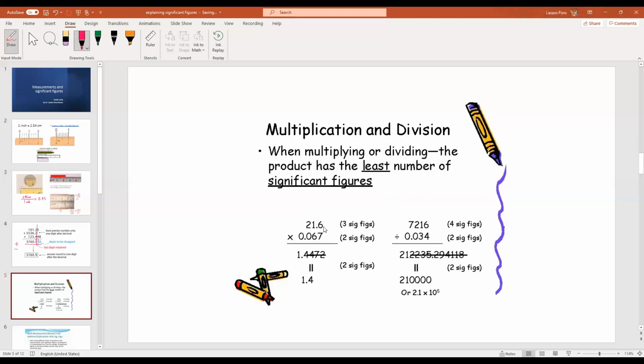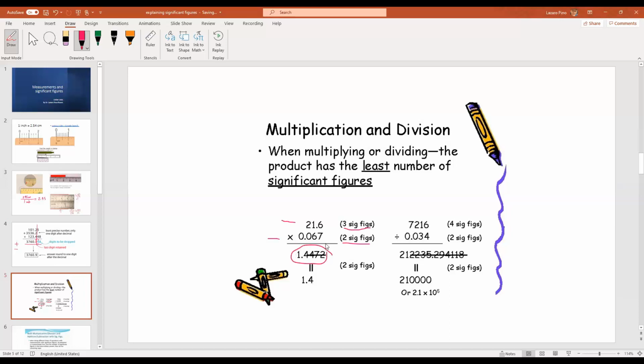For example, you are multiplying here this number and this number. This number has 3 significant figures, and this one has only 2 significant figures because the zeros to the left are not significant. You use your calculator and you obtain this big number.